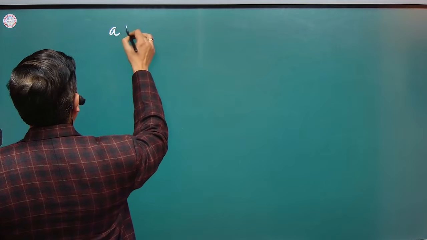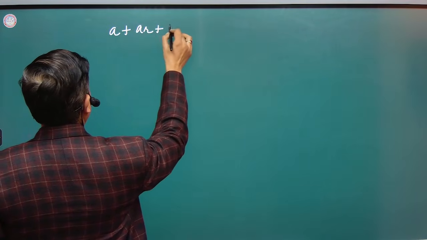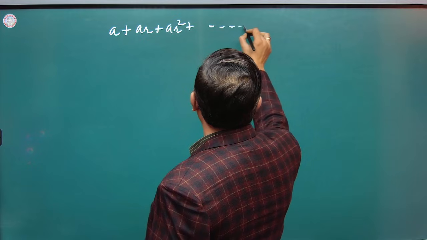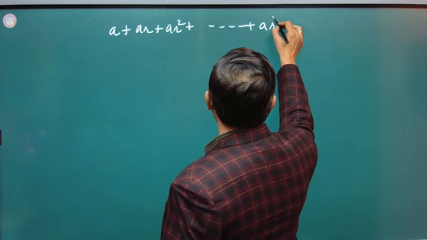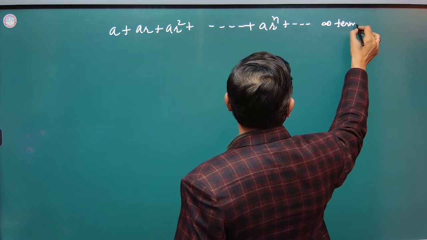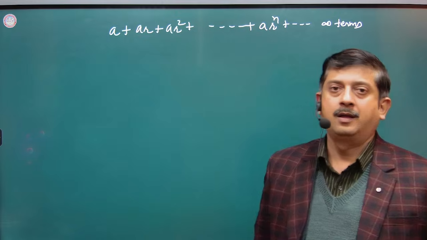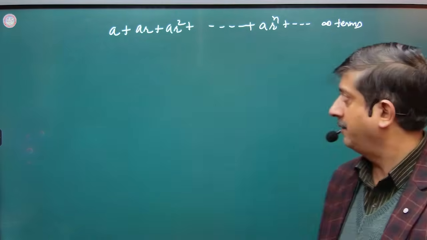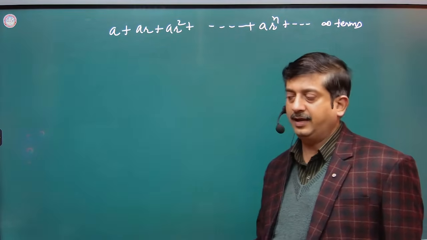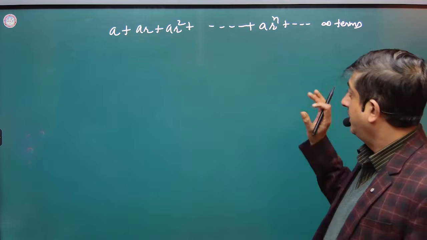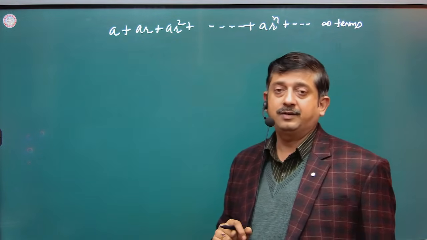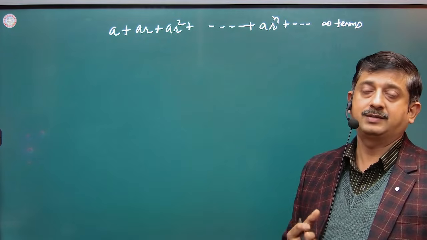The geometric series is this: a plus ar plus ar square plus so on, ar to the power n, plus up to infinity terms. Now I want to check its convergence or divergence. As I discussed, the concept behind is that Sn is the sum of the first n terms.